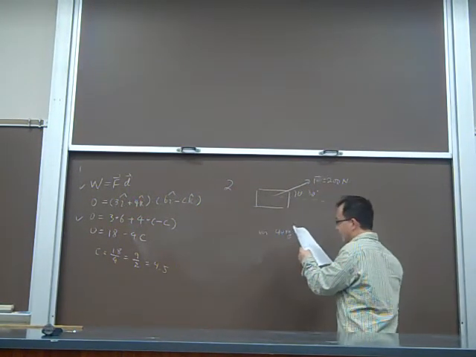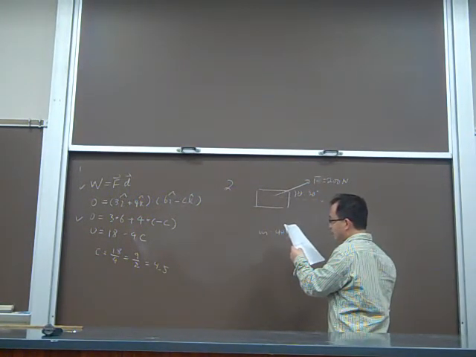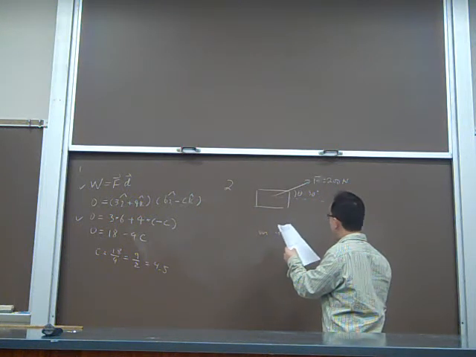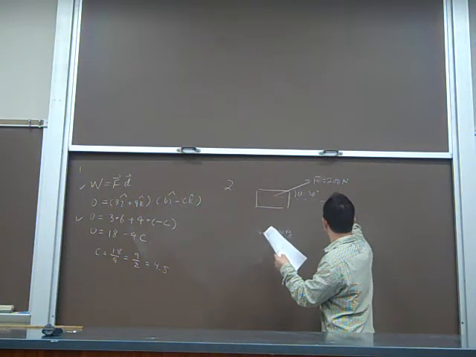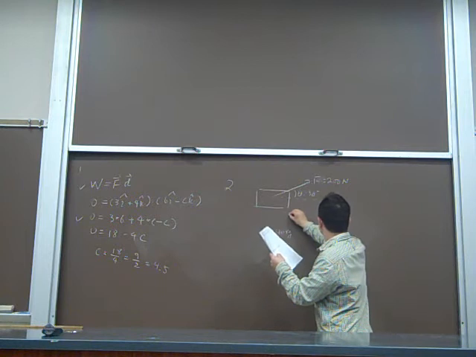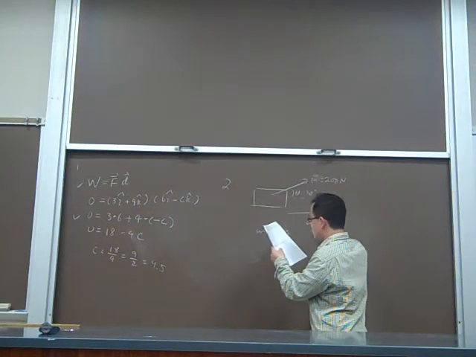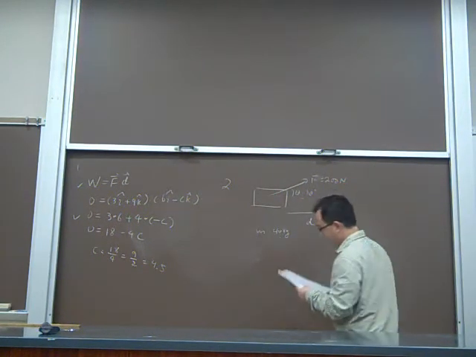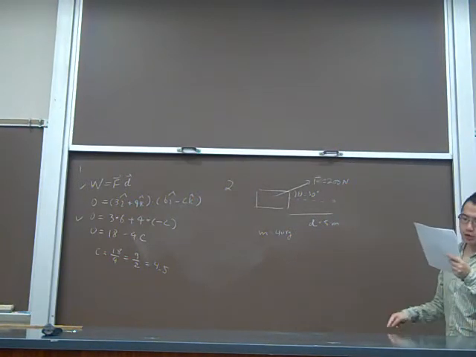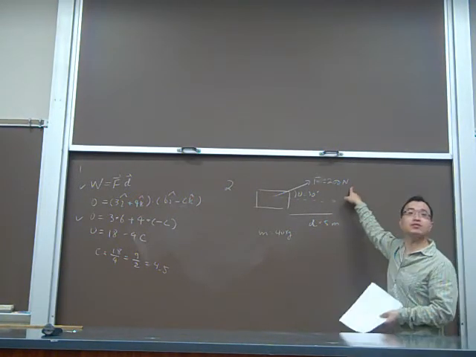Okay. How much work is done by the pulling force for horizontal displacement? So it moves for horizontal displacement d equals 5 meters. We want to find how much work is done by this force.